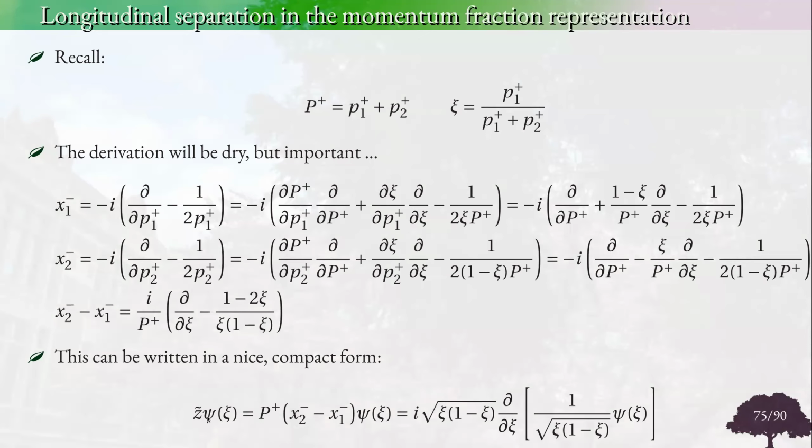Basically, your Miller-Brodsky variable acting on a function of momentum fraction is going to be equal to this i times the square root of xi times 1 minus xi, times a derivative of your original function, but divided by the same square root of xi times 1 minus xi. So it's a bit of a handful, but you can write this invariant substitution for a longitudinal separation, this Miller-Brodsky variable, in terms of derivatives with respect to your momentum fraction.